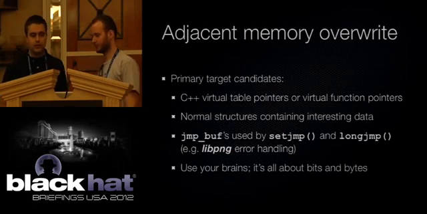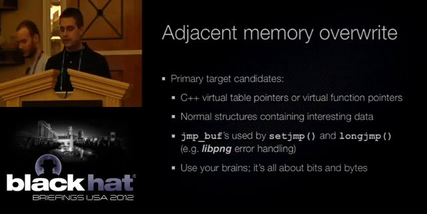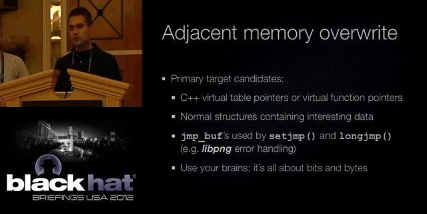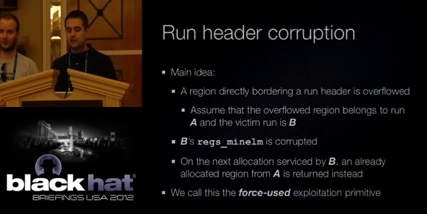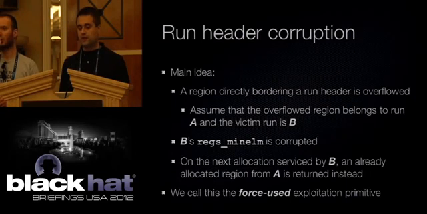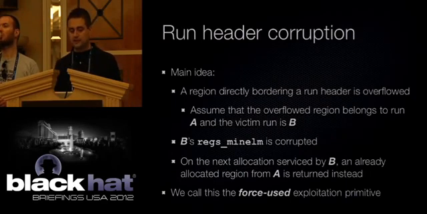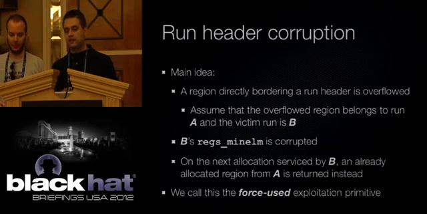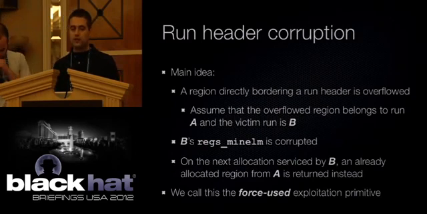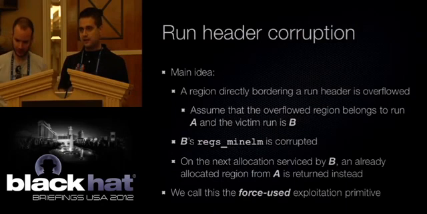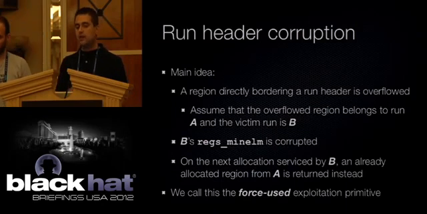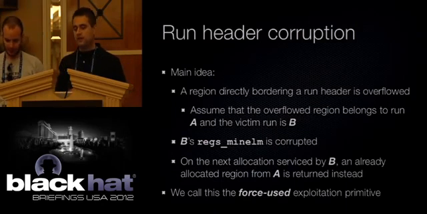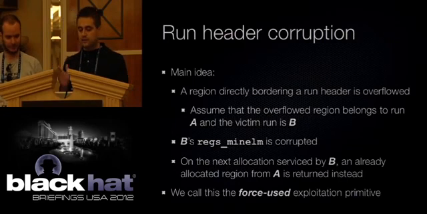Okay, so moving on from adjacent region corruption to metadata corruption. The first thing we investigated was the corruption of the run's metadata. So basically the idea is that you have a region that borders a new run, and you trigger the overflow condition on that last region of the run, and you overflow the metadata at the new run's beginning.